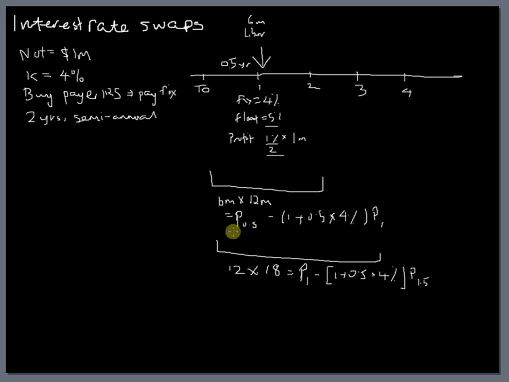And finally the last one, using the same argument, this will be the same as the 18 by 24 months FRA, and this will be equal to the price of a zero coupon bond that matures in 1.5 years less this expression.